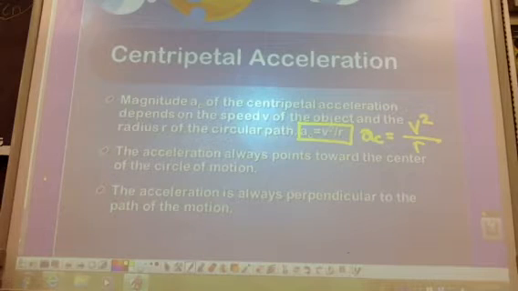But since we're talking about constant or uniform circular motion, we know that that couldn't be true. So our acceleration vector can only have a component that's perpendicular to the path, and that perpendicular component is always going to be towards the center.